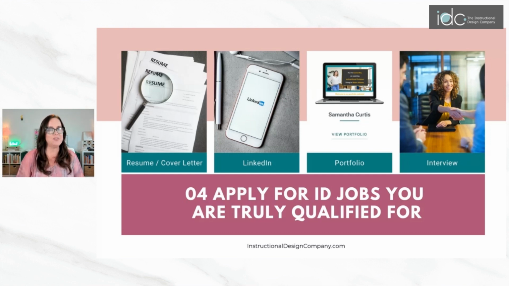All right. So now that we've talked about qualified, because again, you got to be really qualified, and you can get qualified through the self-study, the certificates, the academies, the master degree program, our Instructional Design and Tech Accelerator program, many ways to become skilled. Now, let's assume that you've done all of that. So whenever you go to apply for jobs, you need to have what we call an optimized resume.